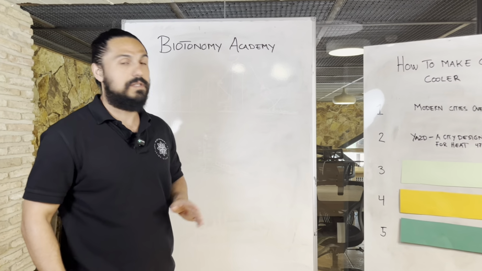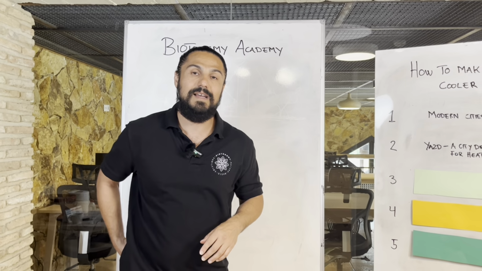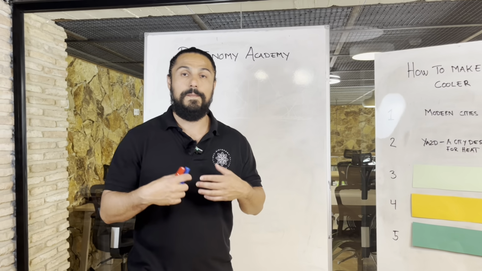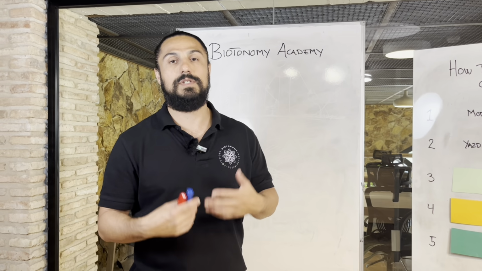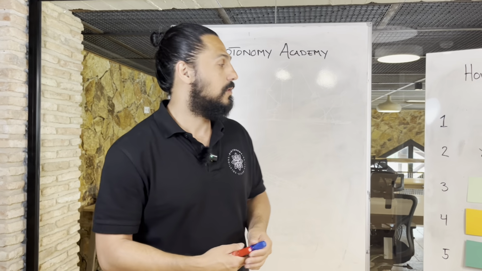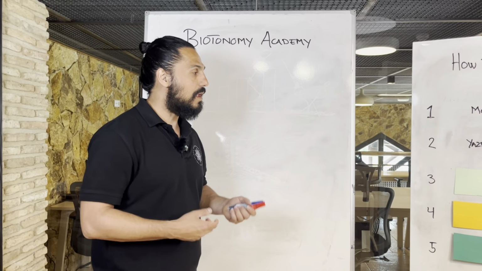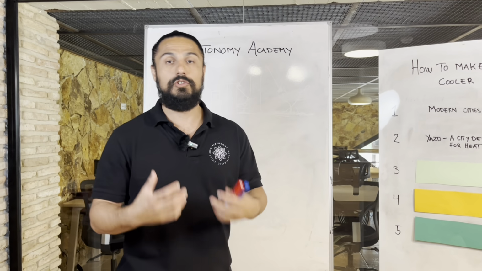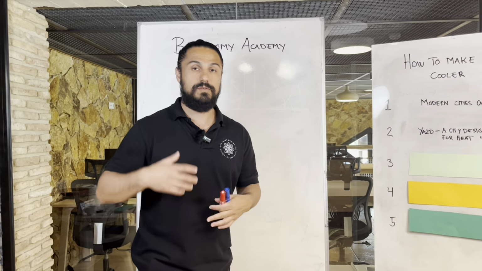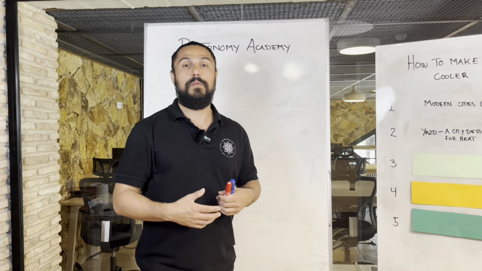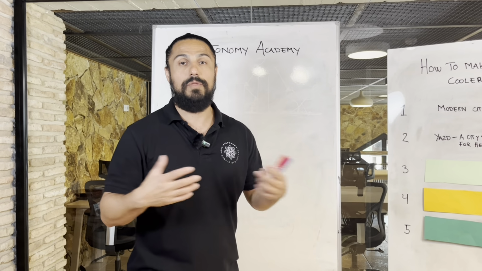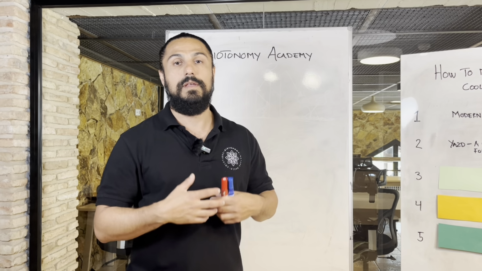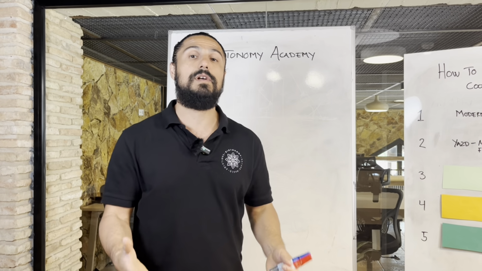So Yazd is a city that has proven how cities can stay cool. What is very amazing with Yazd is that all of this is done with nature-based solutions. This city has been there for thousands of years and the system still works today.